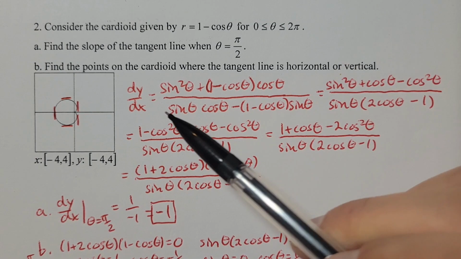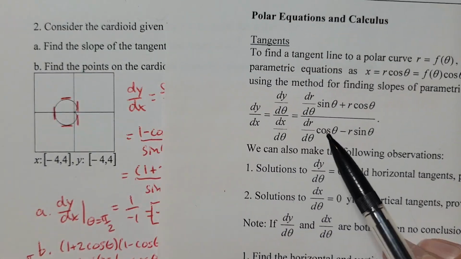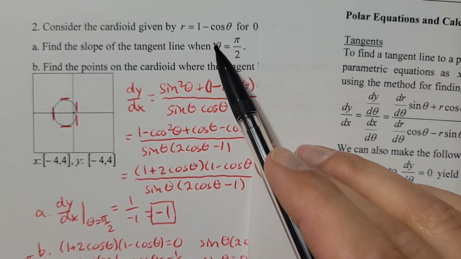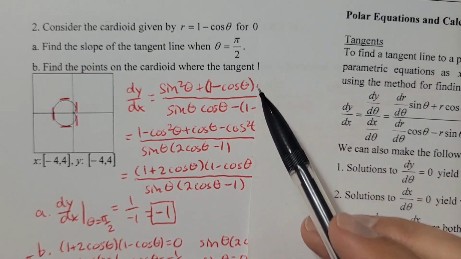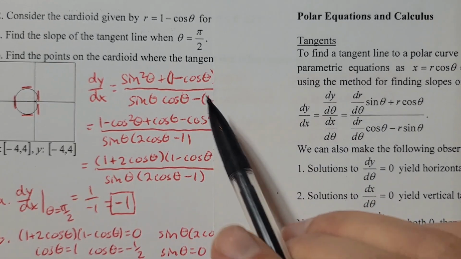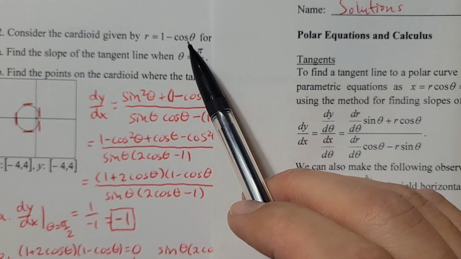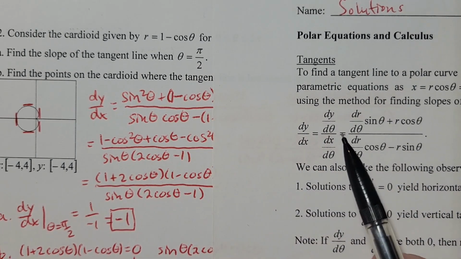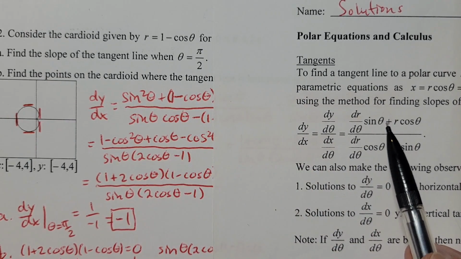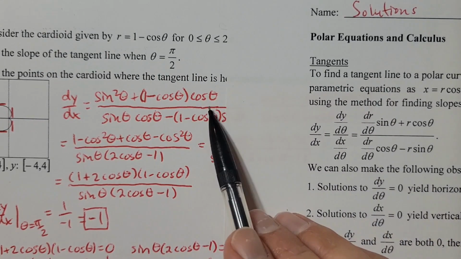So I've got to get dy/dx, using this formula here. So dr/d theta is negative sine theta, so that's sine theta times sine theta is sine squared theta, plus r, which is 1 minus cosine theta, times cosine theta.